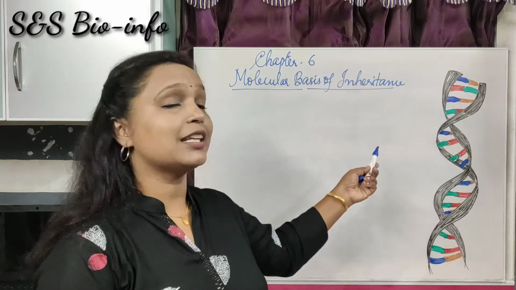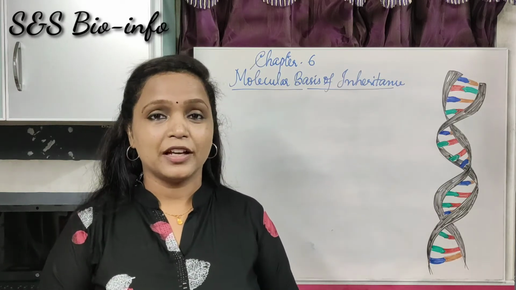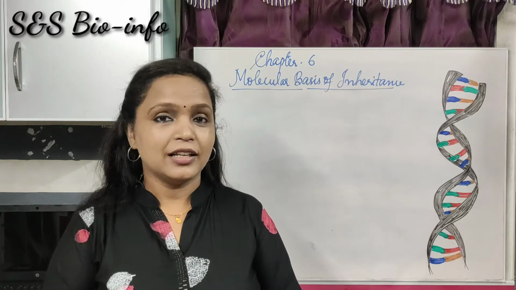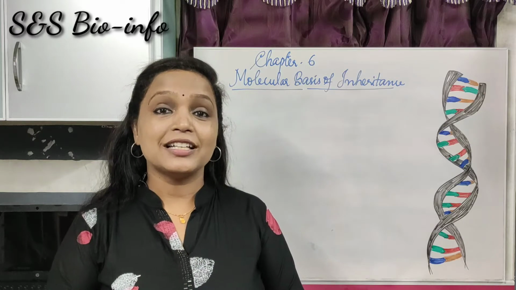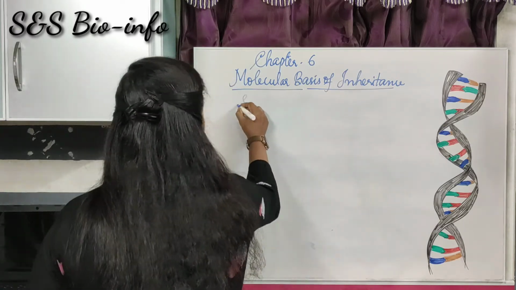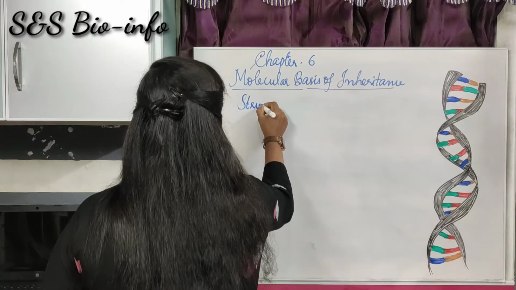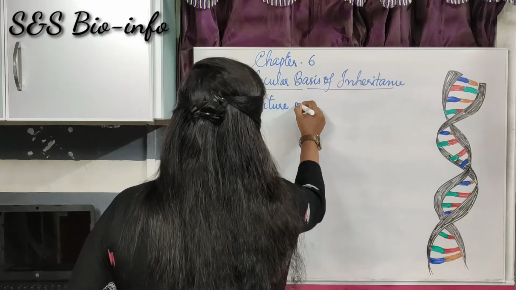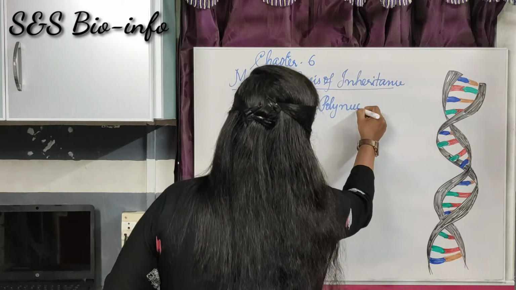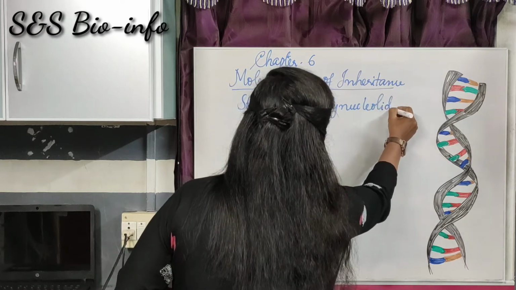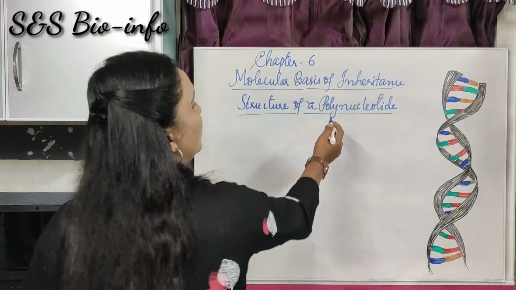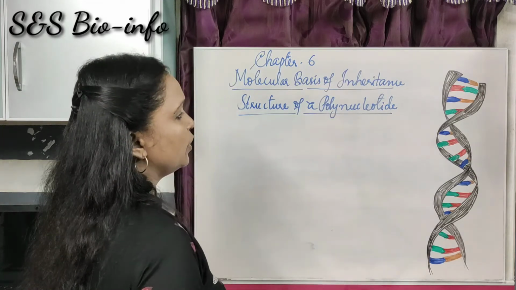So before we understand more about DNA, we must know what is a polynucleotide. Now we are going to learn about the structure of a polynucleotide. Here, poly means many.